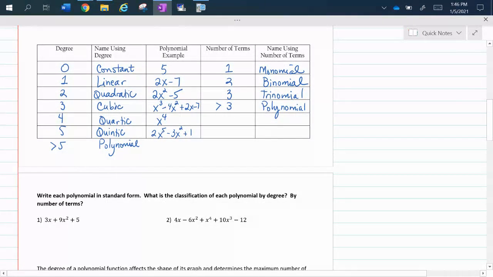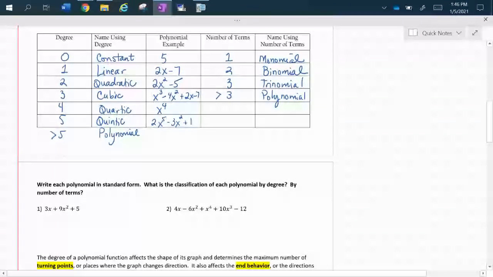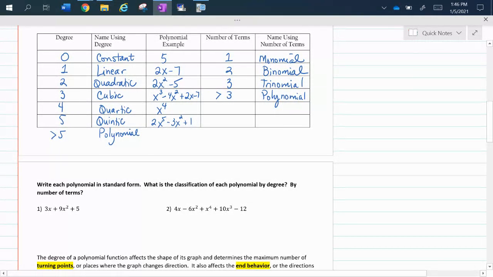Okay, so we can look at the examples now. Write each polynomial in standard form. We know what that means now. What is the classification of each polynomial by its degree and by the number of terms? So we're going to make sure that this polynomial is in standard form, and then we're going to classify it 2 ways. So I'm going to start with the term with the highest power and go down in descending order.